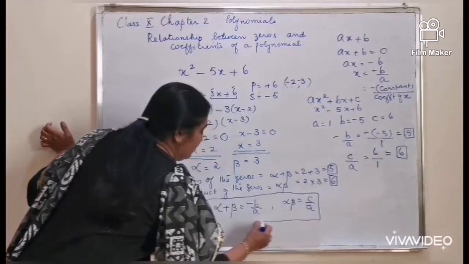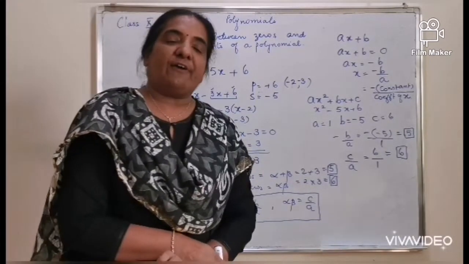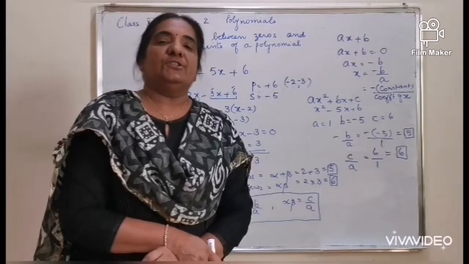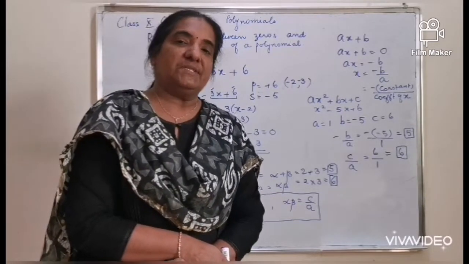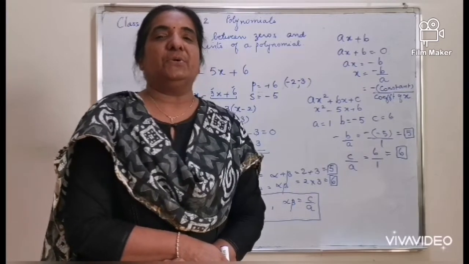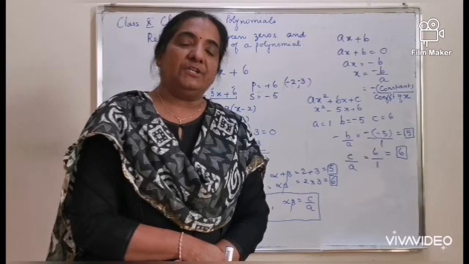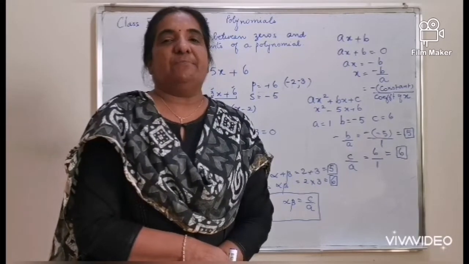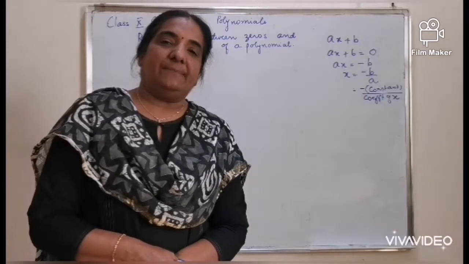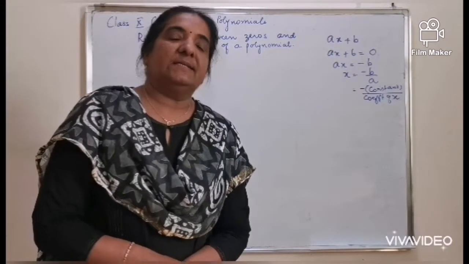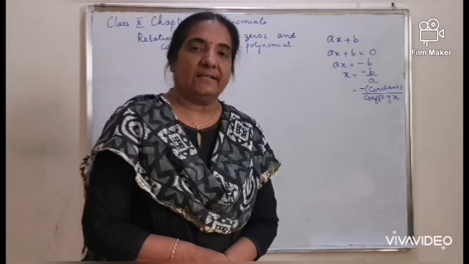That is, if alpha and beta represent the two zeros of a quadratic polynomial, the sum of the zeros alpha plus beta is equal to minus b by a and the product of the zeros alpha into beta is equal to c by a. Let me explain one more example to make you understand the relation between the zeros and coefficients very clearly.